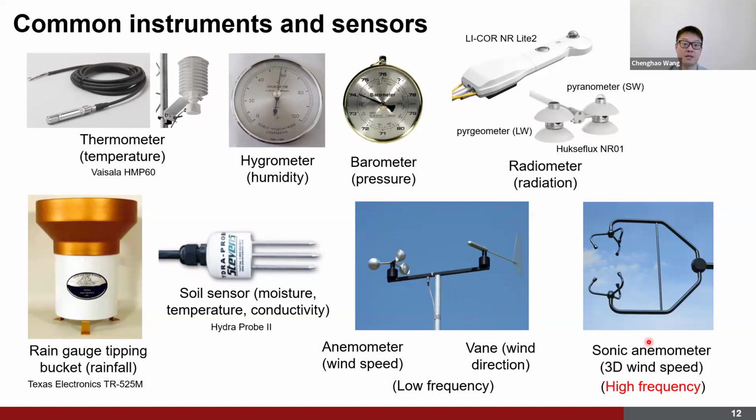This is only possible because it measures the impact of the wind passing by the sonic anemometer, and the wind will impact the sound waves traveling between these different pairs of transducers. And because we have wind traveling through, the sound wave can be either sped up or slowed down. We can measure the change of their speed to determine the three-dimensional wind speed.